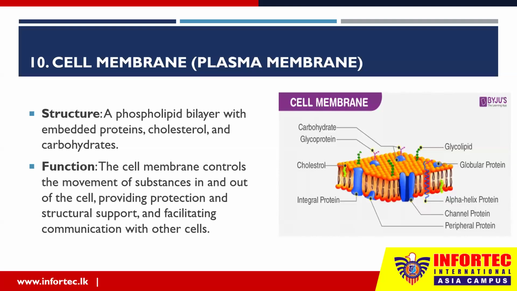The cell membrane has a lipid bilayer, two phospholipid layers. We also discussed the structure of the phospholipid in the previous lecture. It has a hydrophilic head and a hydrophobic tail. The hydrophobic tail is always inside, and the hydrophilic head is exposed to the outer surface.